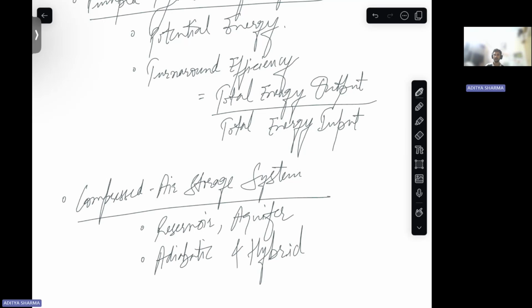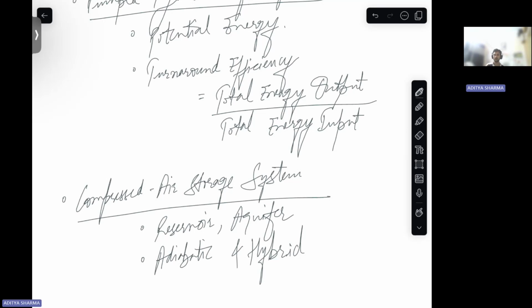And when you have to expand it, if the temperature of air in that case is high, it will be more efficient. So if you save the heat while compression, the air gets heated. So at times you save this heat, and at times you do not.